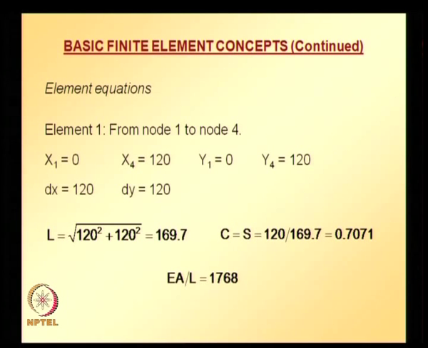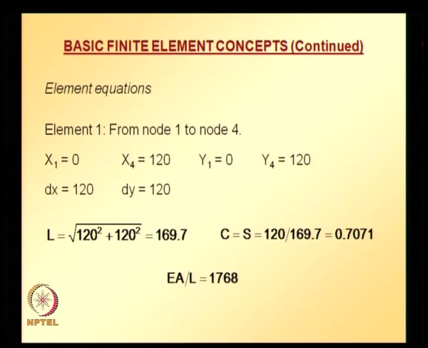And once we have these values, we can find what is dx, which is nothing but x4 minus x1, and dy, y4 minus y1. All the quantities here are given in inches, because each member or the dimensions are given in inches and feet.